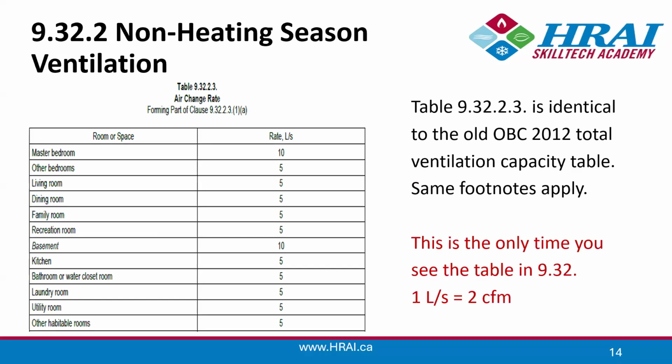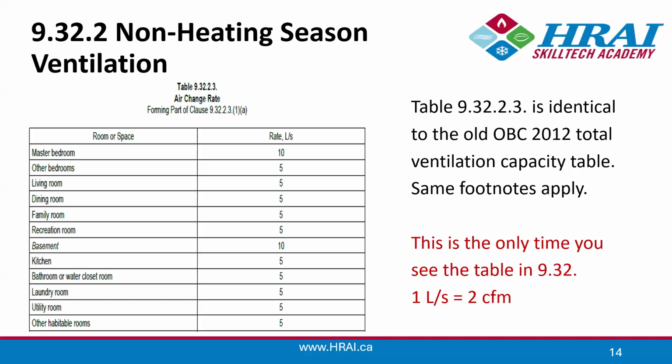If you're looking at the table, you might recognize this table. This was our old, what we used to call total ventilation capacity table. But now we won't see it any other time but in the non-heating season ventilation part of 932. The same footnotes apply. So the concept of you have to designate one room as a master bedroom, and what else?